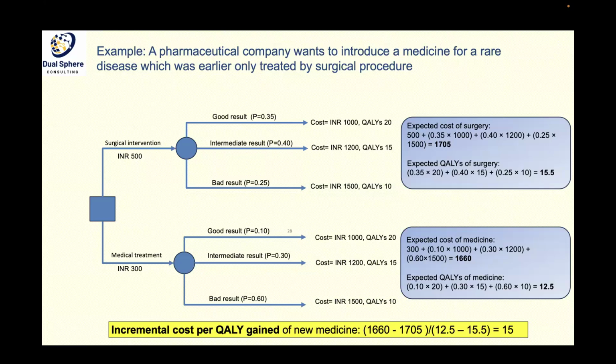Then you add the bad results probability multiplied by the cost of that option. This is the way you get the total expected cost of your surgery.